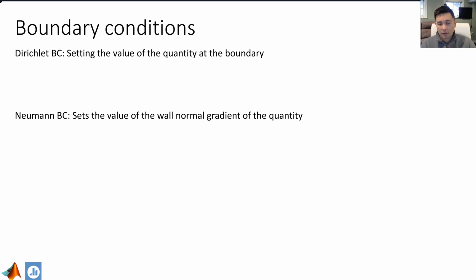In our previous example, we had two Dirichlet boundary conditions where we explicitly said that our phi1 value was equal to phi L. This is a case where we set the wall or boundary temperature.